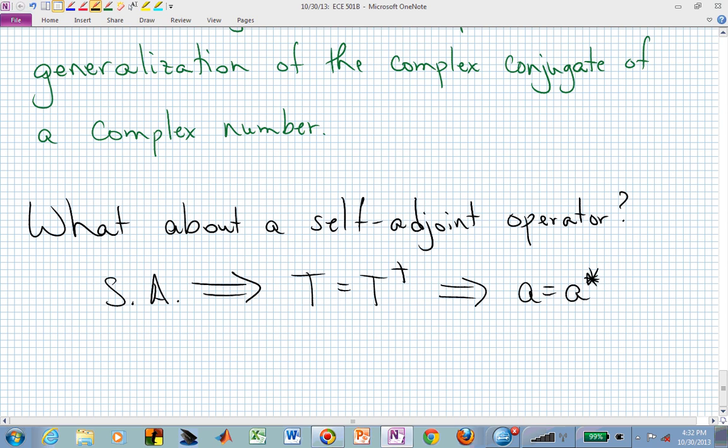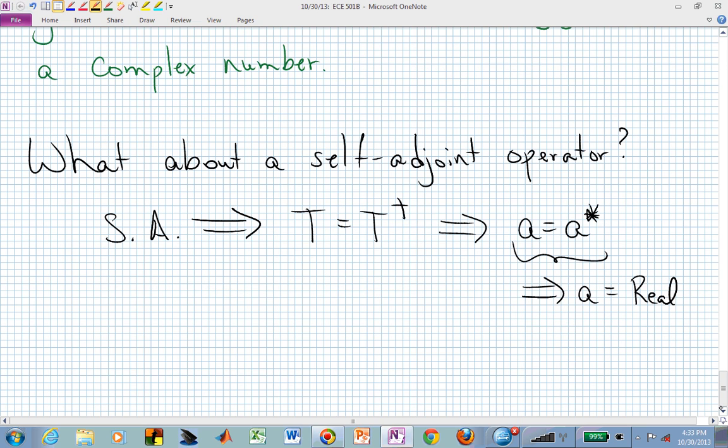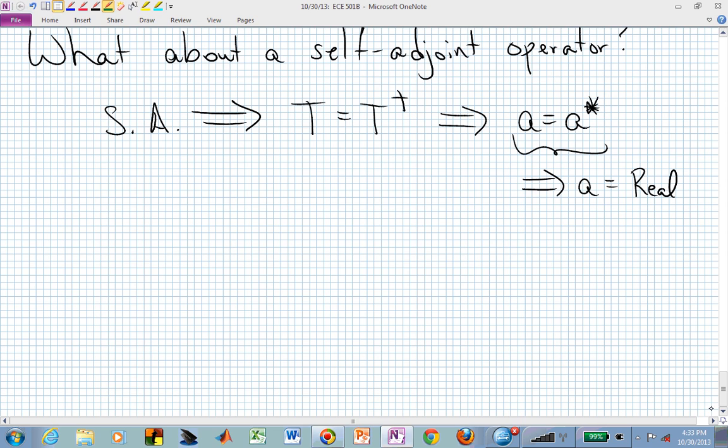Well, it can be a complex number. A real number is a complex number; it just has a zero imaginary part. So this now says that a needs to be real. That's what a self-adjoint operator looks like: a real number.